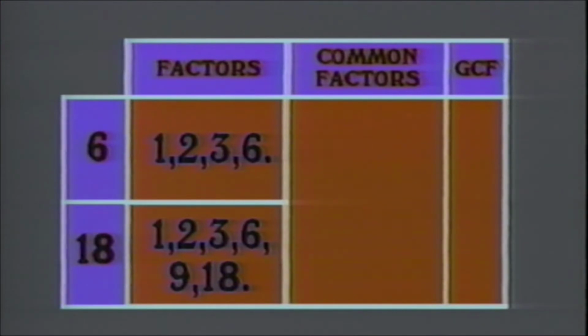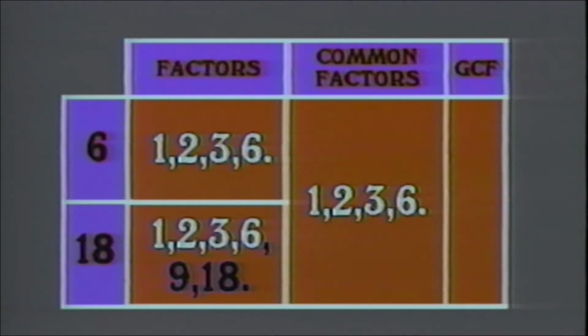Again, 18 equals 2 times 3 times 3. So, 1, 2, 3, 6, 9, and 18 are all factors of 18. Record these in the chart.